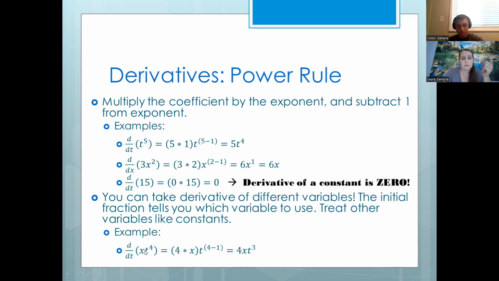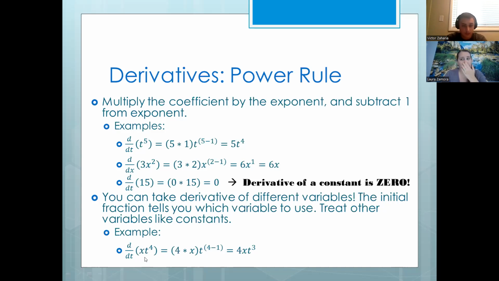You'd multiply the coefficient t to the 4th times the exponent, which is an implied 1. Then x to the 1 minus 1 is x to the 0. So our final answer in that case would just be t to the 4th.